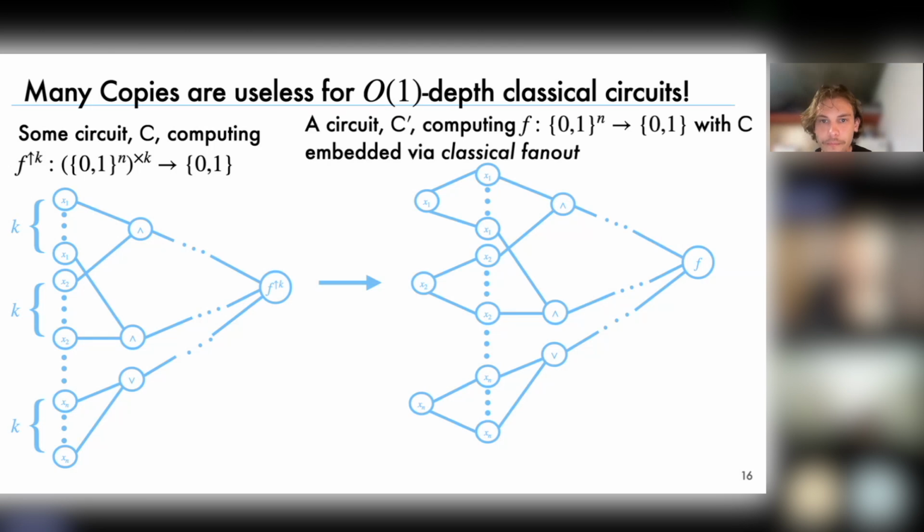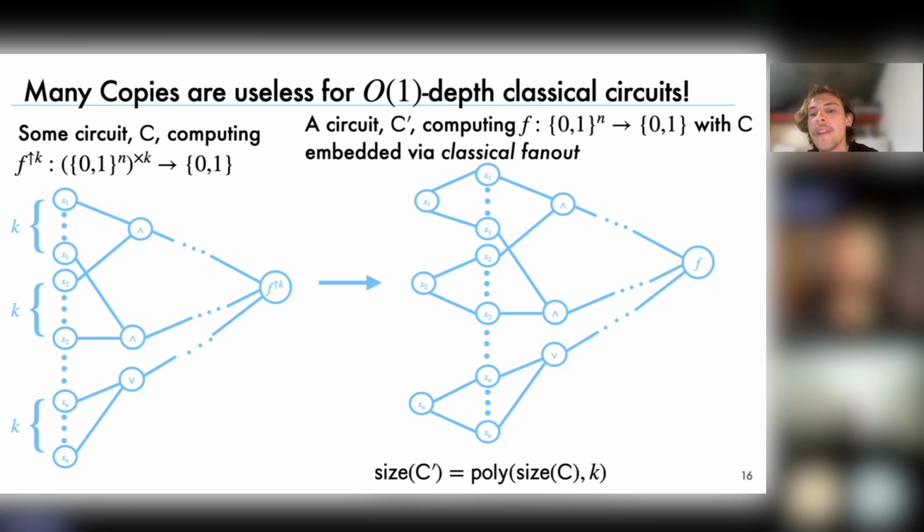So the new circuit just computes the original underlying function F. This is possible because of classical fan-out. If K is a polynomial, then the size of this new circuit C prime is just going to have some additional polynomial overhead on top of the size of the other circuit we had.